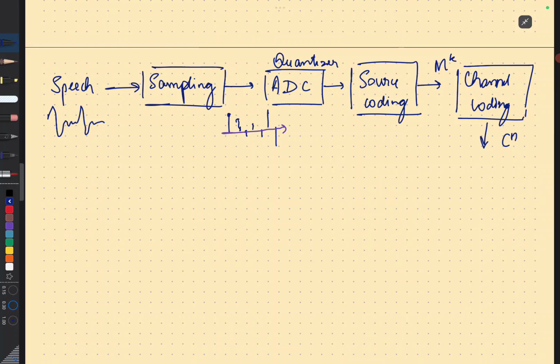Now you can't just transmit these bits in the air. They have to be appropriately converted to a form where you can transmit, let's say using an antenna, or if it's a wireline communication system, that you can transmit over the wire. All right, if it's, let's say, something like a fiber optic system, you have to convert that to a sequence of optical signals. So this is usually modulated.